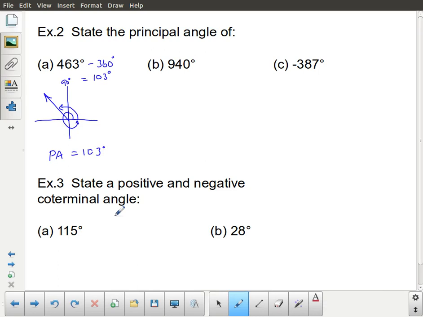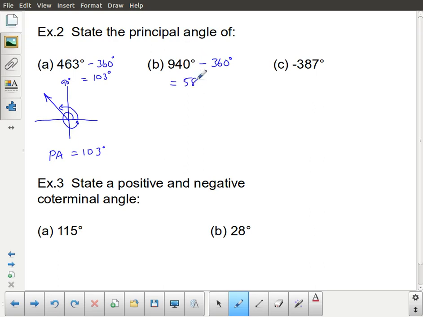Now, what about this one, 940? I could go through the same process. But the thing to keep in mind is that every time I do one of those loops, I'm going 360 degrees. So I'm actually going to just start by subtracting 360 degrees from this. 940 minus 360 gives me 580.